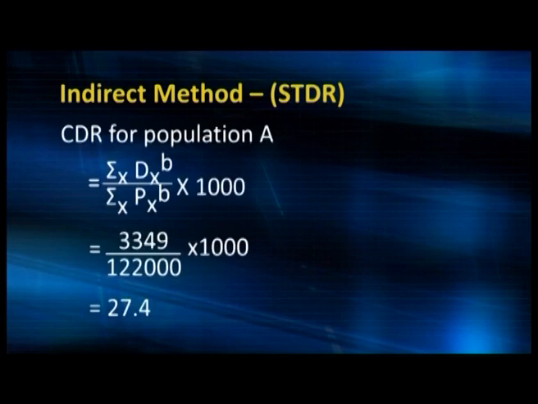Similarly, for population B, we calculate the crude death rate by considering summation x of deaths of population B divided by summation x of population B into 1000, is equal to 3,349 divided by 1,22,000 into 1000, is equal to 27.4. Next, we will calculate the standard death rates for both the populations.